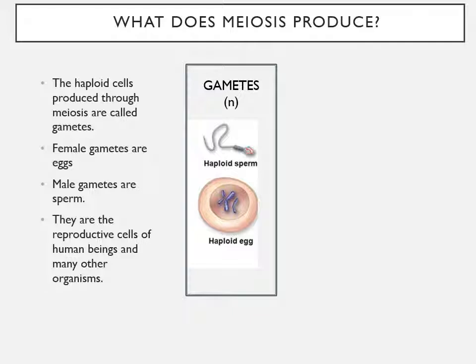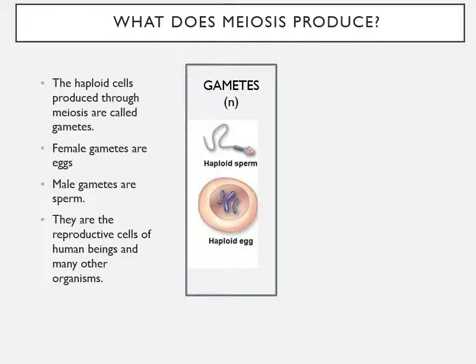Now the haploid cells that are produced through meiosis, another term for these is gametes. And gametes are just the reproductive cells. So in humans and a lot of other animals, this would be sperm and eggs. So female gametes are called eggs, male gametes are called sperm, and they're the reproductive cells of human beings and many other organisms.